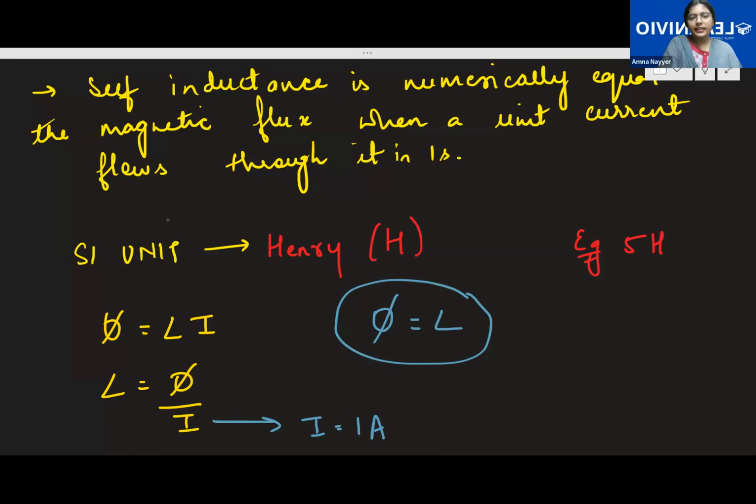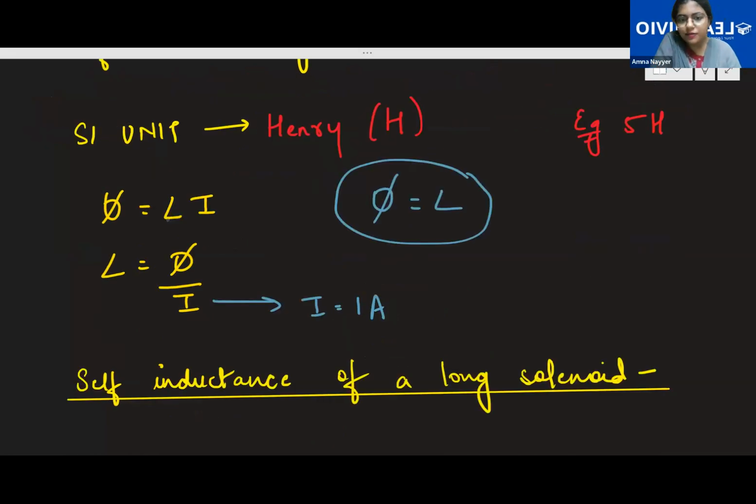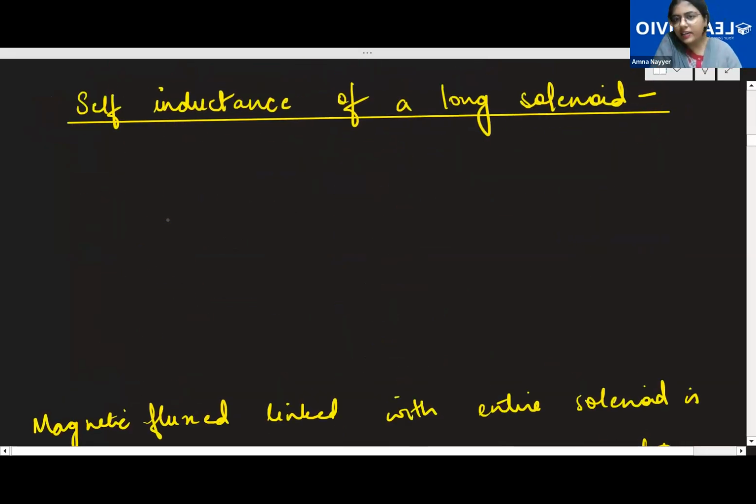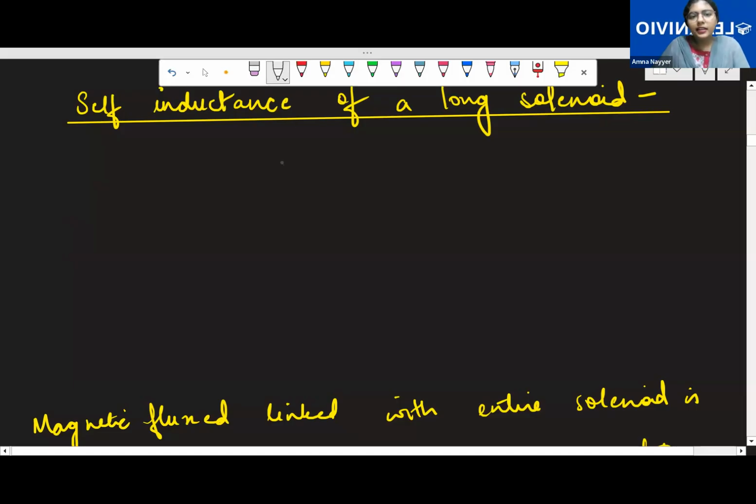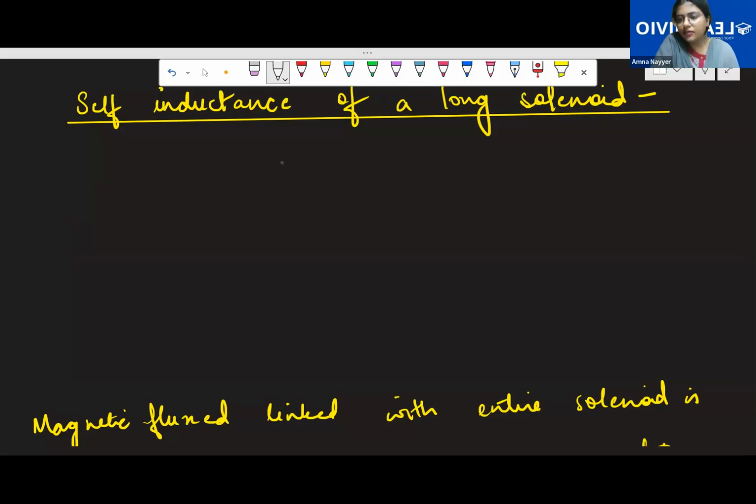Okay. See, there is one derivation that comes from this induction, which is the inductance of a long solenoid. This relates with the solenoid chapter that we've studied. So here we have just studied the formula of self-induction.